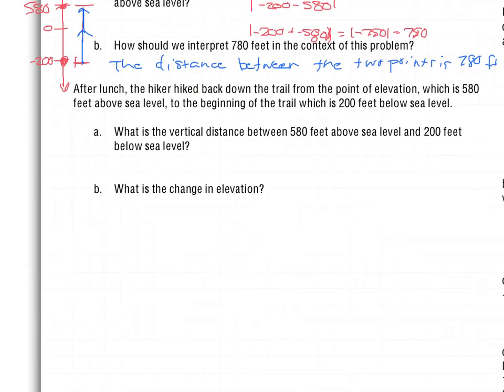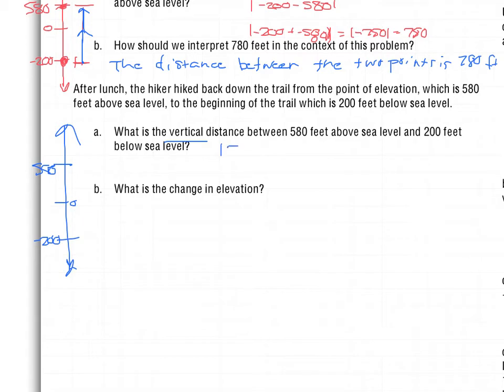After lunch, the hiker decides to go back down the trail. So, quickly sketching, he was at 580, and he's going back down to the bottom where he started, -200. What is the vertical distance? So again, we're looking at the distance between the 2 points.